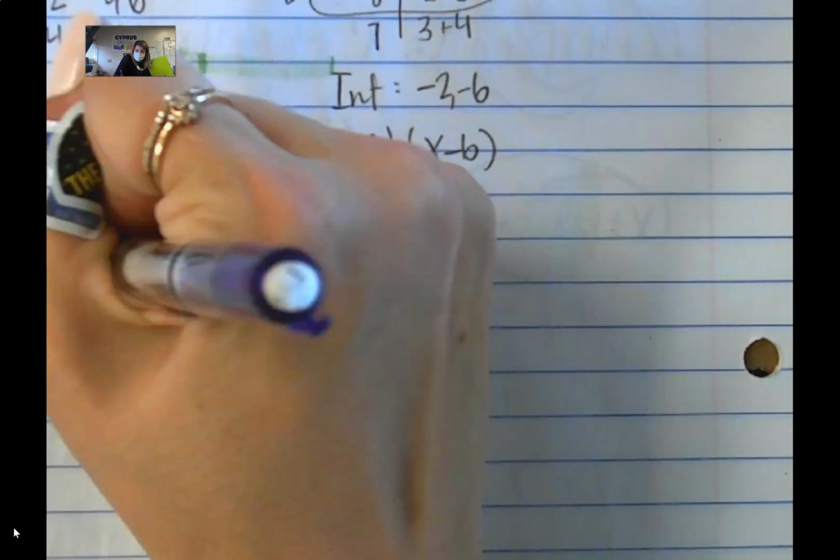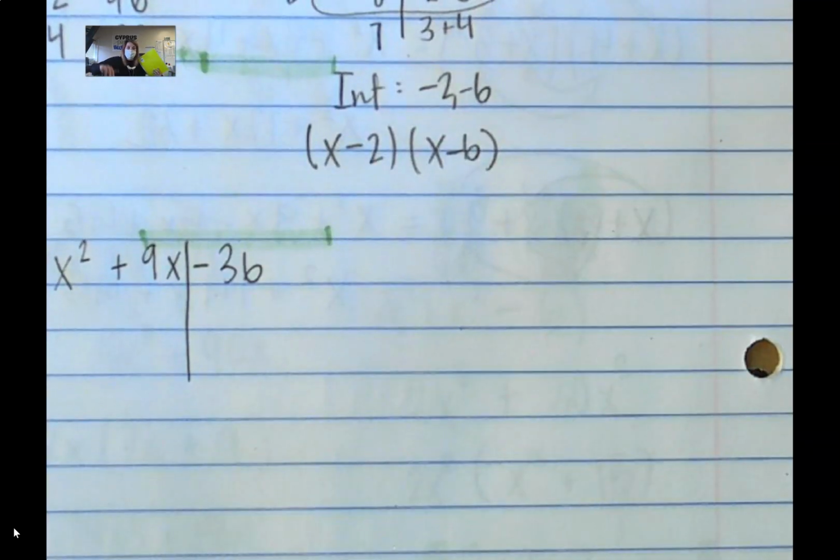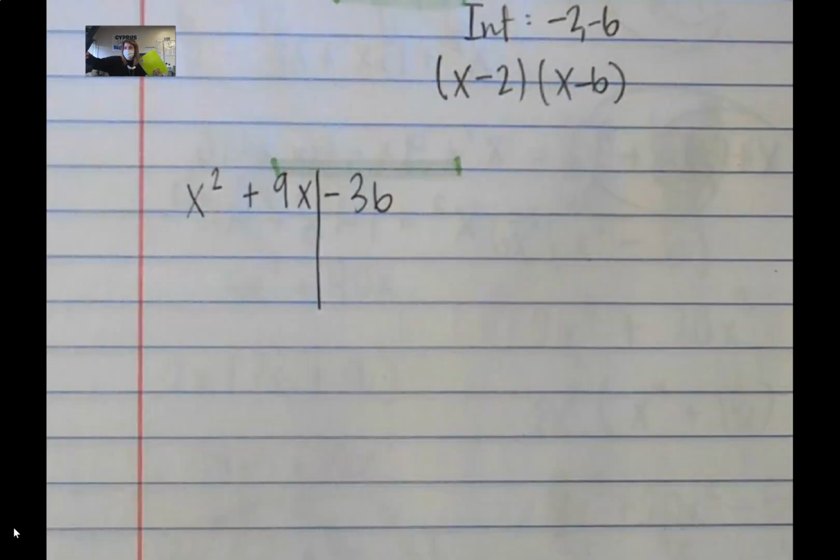Okay, next up is x squared plus 9x minus 36. I'll set mine up the same way, and then I'll walk around to see how you're doing.